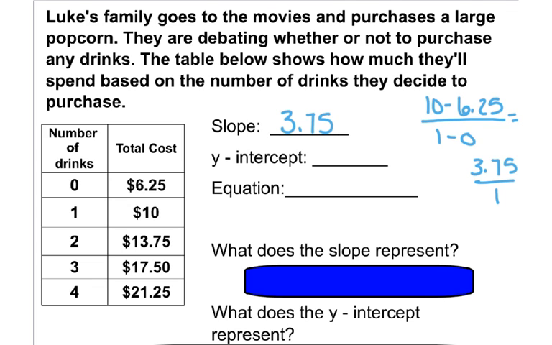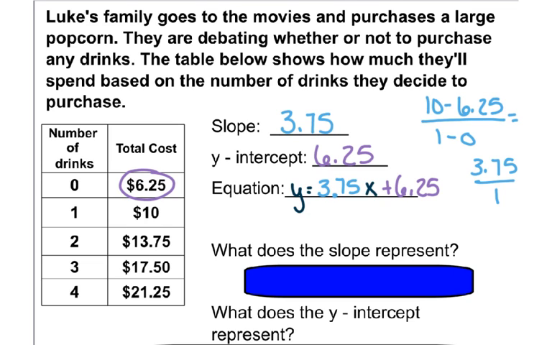375. My y-intercept we find when x is 0, so that's going to be 625. So my equation is y equals 375x plus 625.